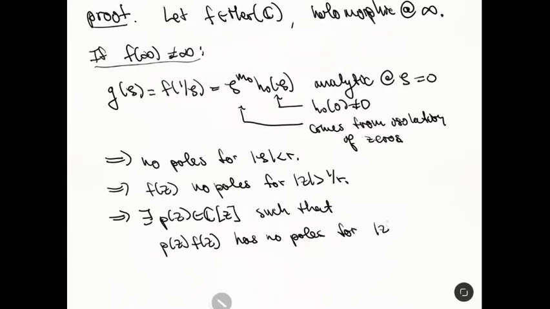So we just multiply out by all the poles that it would have, since there's going to be finitely many due to isolation of poles, and hence it's entire.